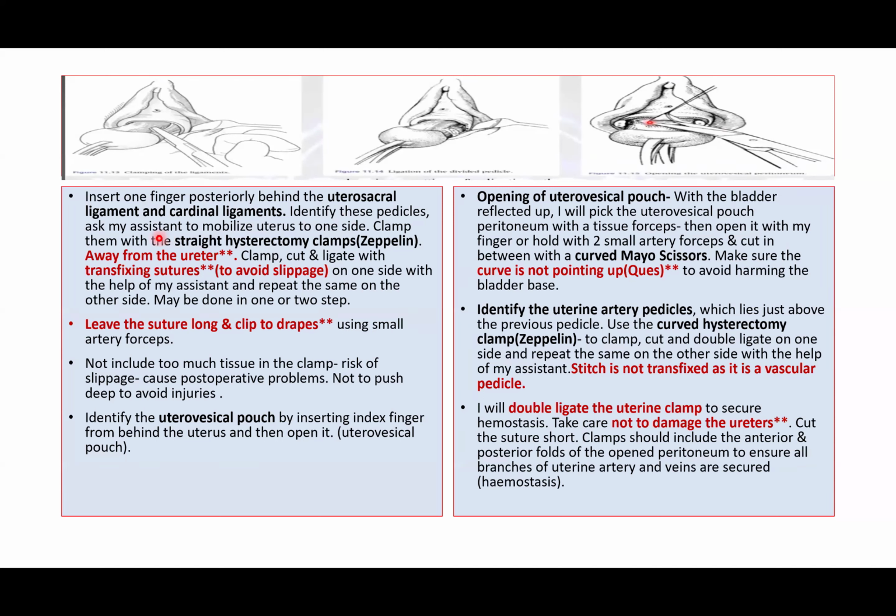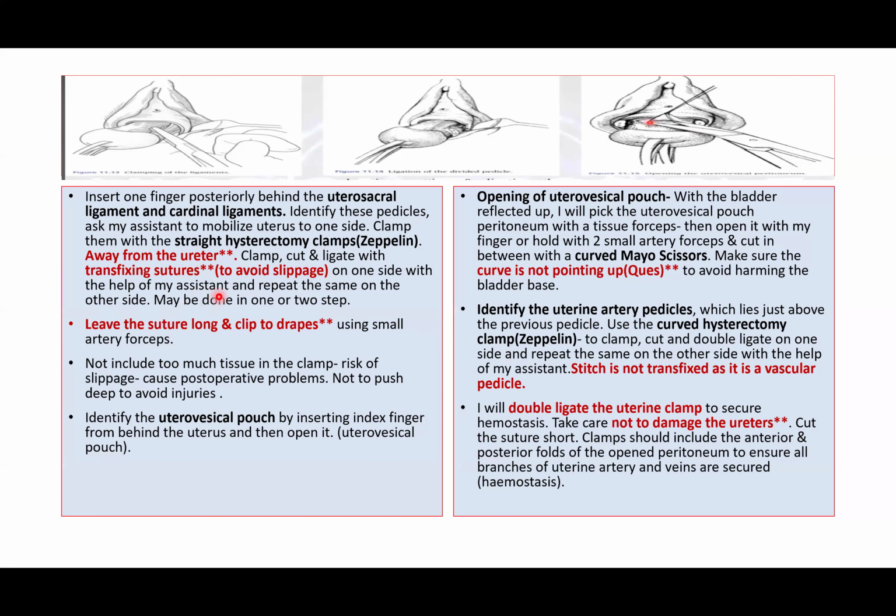Then identify these pedicles. I will ask my assistant to mobilize the uterus to one side, clamp them with the straight hysterectomy clamps away from the ureter. Then clamp, cut, and ligate with transfixing sutures to avoid slippage on one side with the help of my assistant.